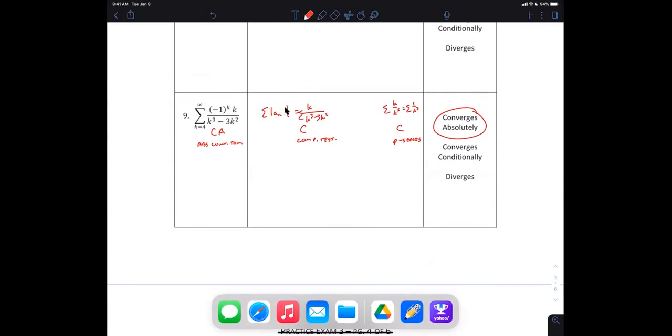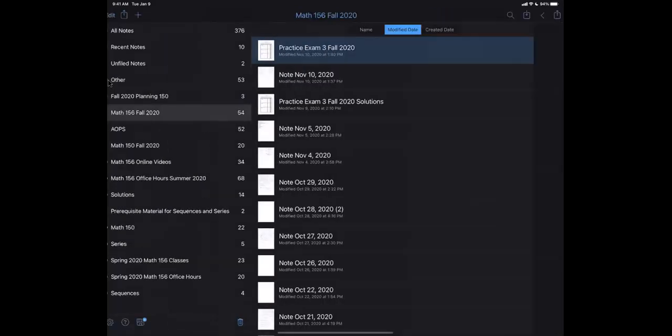All right, let me pull up series 4. Okay, so number 16 on series 4. Yeah, okay. So 16 is a relatively complicated example.